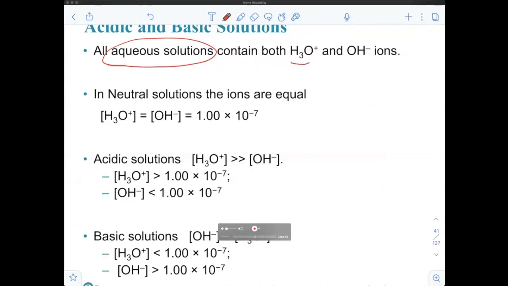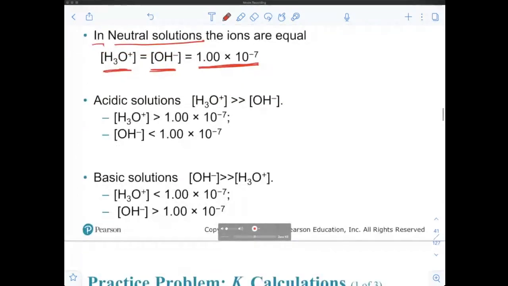Those solutions contain both hydronium ion, the acid-causing ion, and hydroxide ion, the base-causing ion. If you have a neutral solution, it doesn't have to be water, just a solution that has water, then we expect the acid ion to equal the base ion because it's neutral, it's a draw. And each of them has to have this value. But if you have an acidic solution, while both ions are present, the one that's more dominant, in greater amounts, will be the acidic ion.